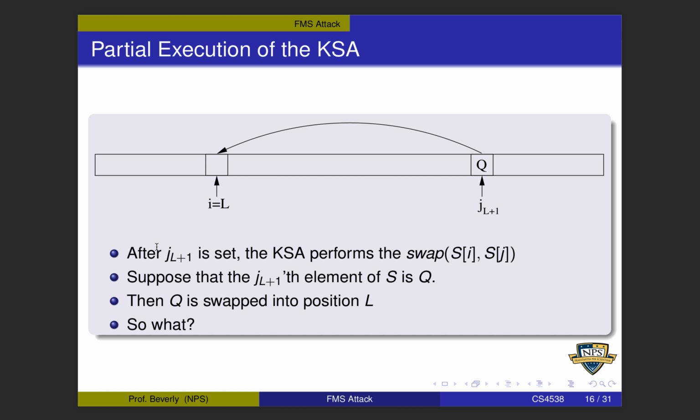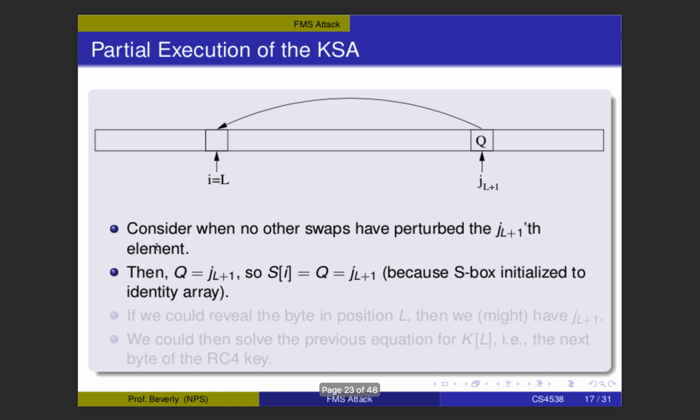At this point, you're probably saying, well, so what? Well, let's see. Consider that no other swaps have perturbed the J of L plus 1th element. What I mean by that is, if you remember, the S box was initialized to the identity array.